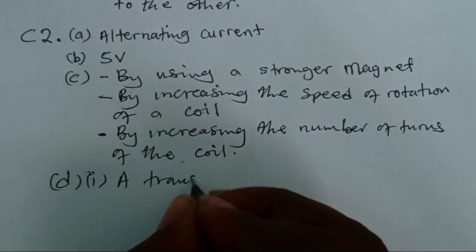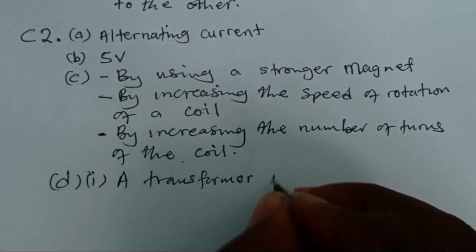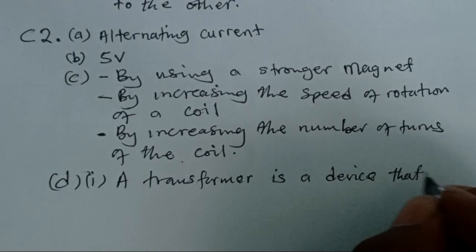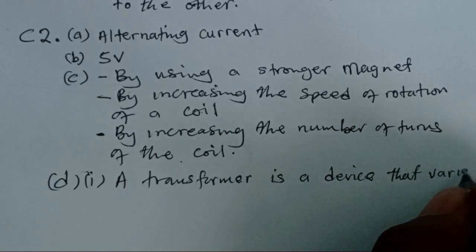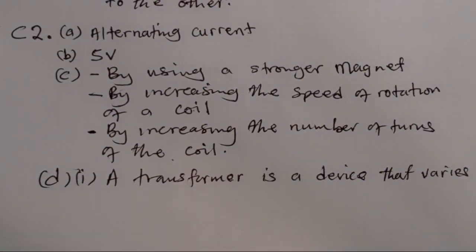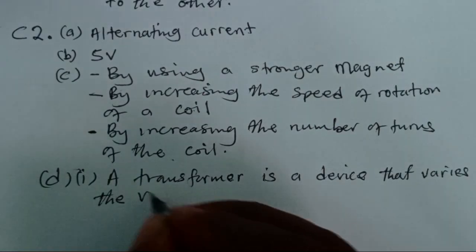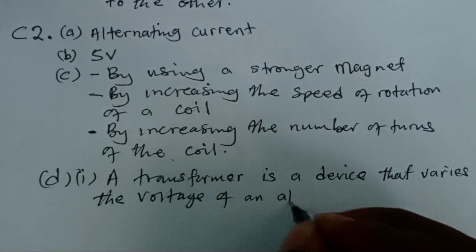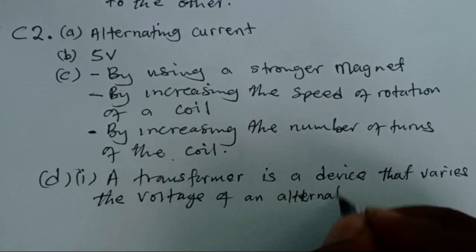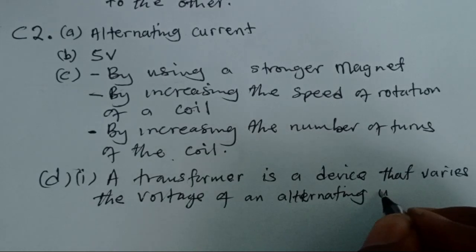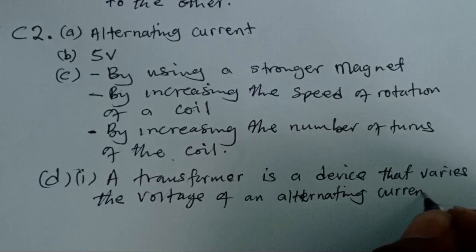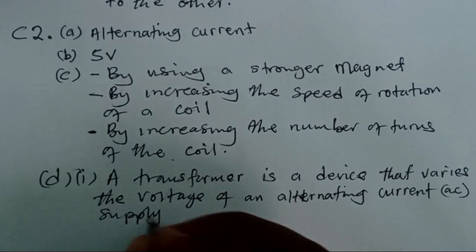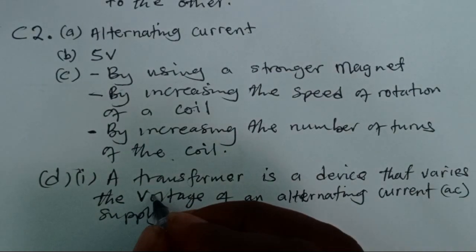Remember, to vary means to change. So a transformer is a device that varies the voltage of an alternating current, which is AC, supply.